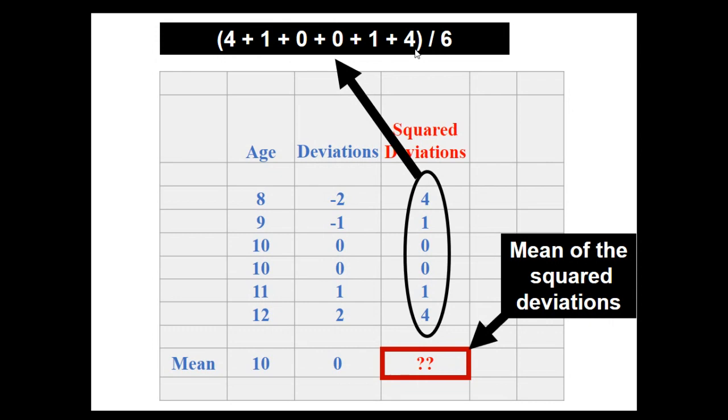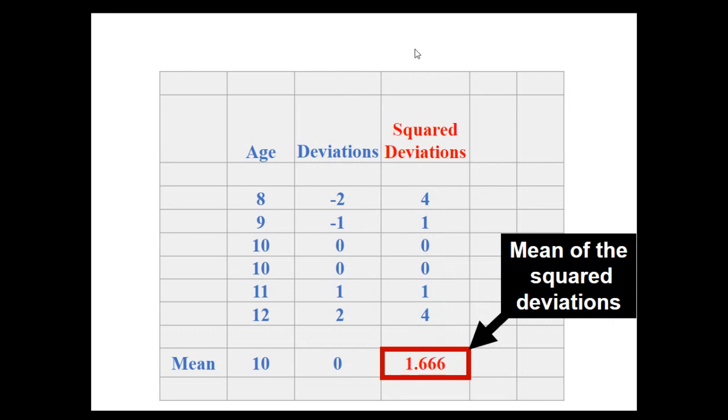Okay, so the mean of the squared deviations is 1.666, because when we add those squared deviations together, we get 4 plus 1 plus 0 plus 0 plus 1 plus 4. That gives us 10. And we divide by 6, so 10 divided by 6 is 1.666. And then it actually keeps going. If you do it with a calculator, you get a bunch of sixes till you run out of spaces.